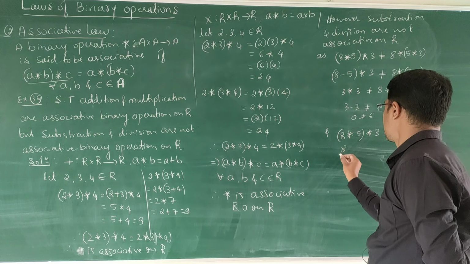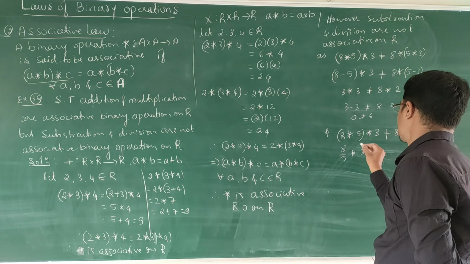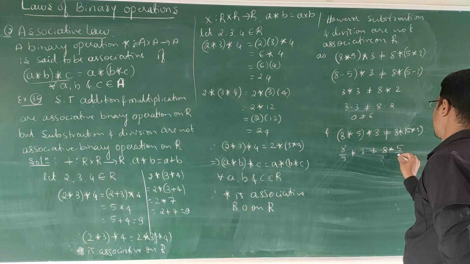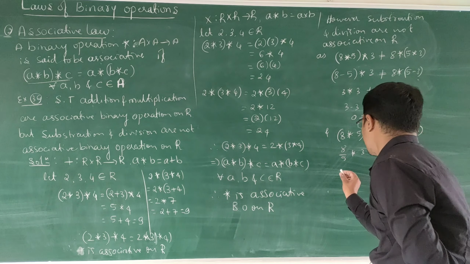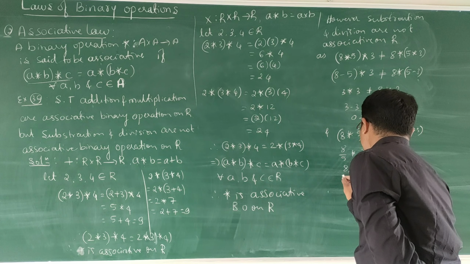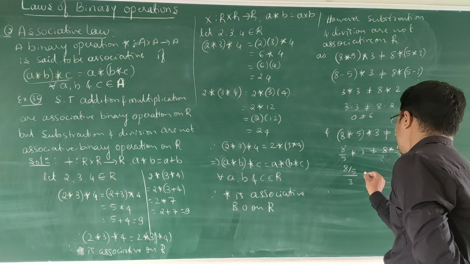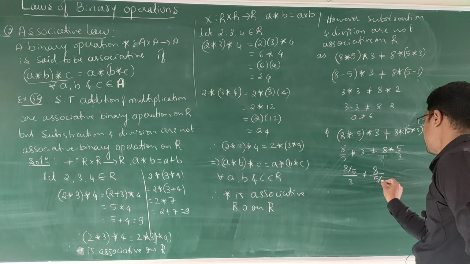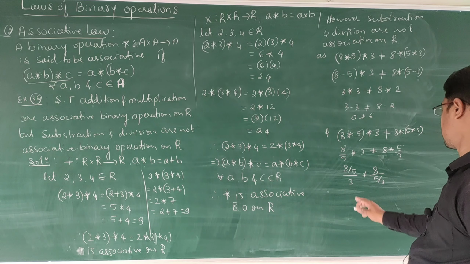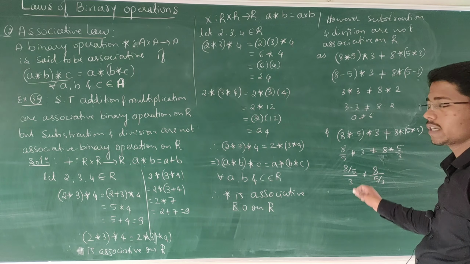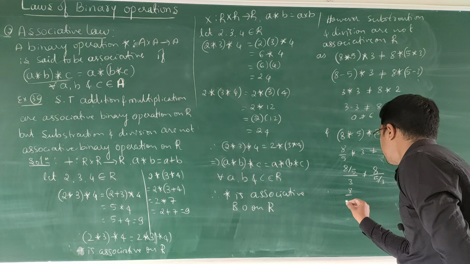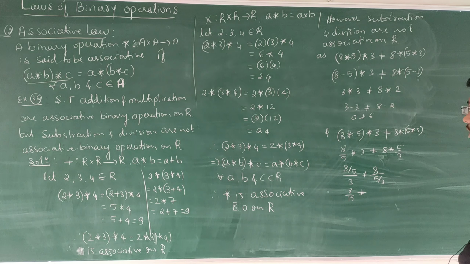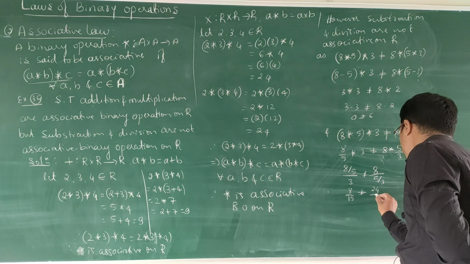That is, 8 divided by 5, divided by 3, is 8 divided by 15, since 3 goes in the denominator. This is not equal to 8 divided by (5 divided by 3), where 3 comes in the numerator: 8 into 3 is 24, divided by 5.